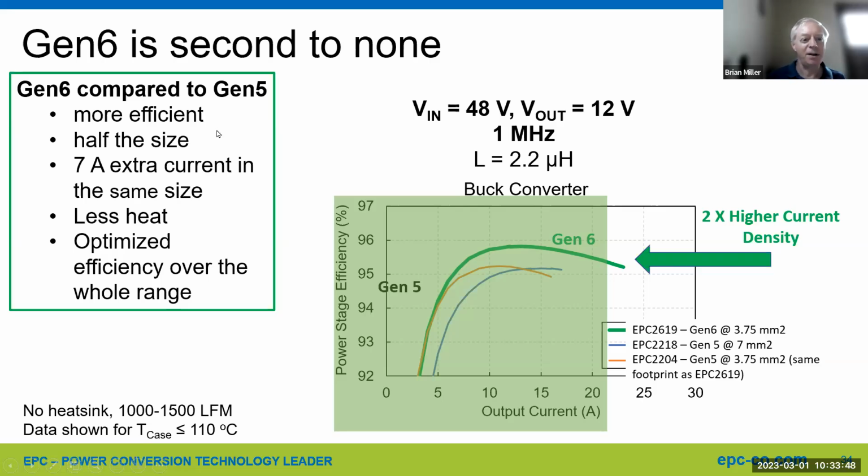Again, the comparison here: the Gen 6 is more efficient, half the size for the same RDS on. In this particular example, you get 7 amps extra current in the same size before the thermal limit is reached. Less total heat generated and optimized efficiency over the whole range, which is pretty impressive.